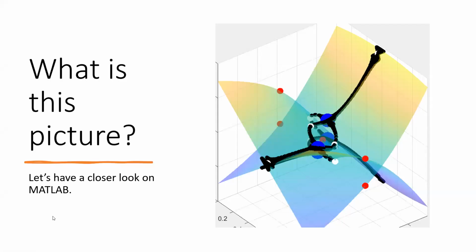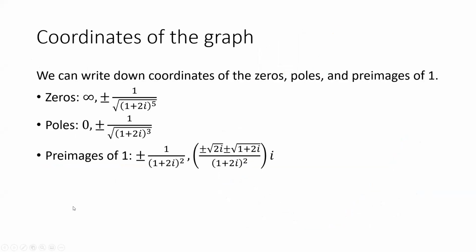Let me switch back to PowerPoint. We can also write down coordinates for the vertices, or the pre-image of 0, the pre-image of infinity, and the pre-image of 1.